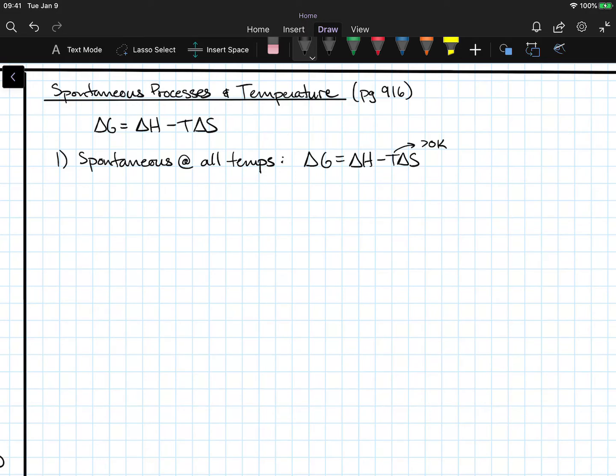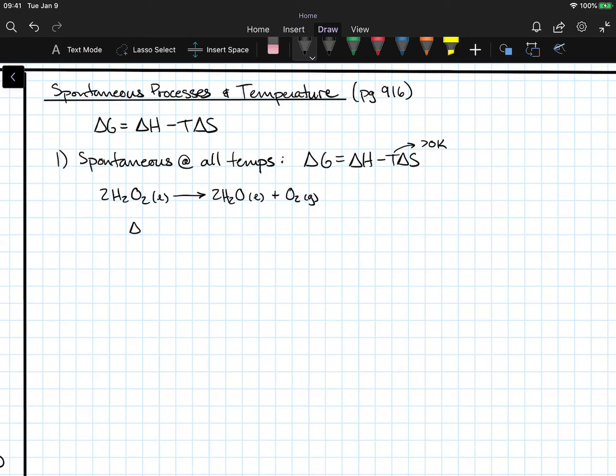The combustion of propane is a good example, or another one we can look at here is the decomposition of hydrogen peroxide. This is why hydrogen peroxide has an expiration date: the hydrogen peroxide in your cabinet may not be working very well after too long, because eventually it will decompose spontaneously into 2 moles of liquid water and oxygen gas. So after a while, your bottle of hydrogen peroxide is just water and oxygen.